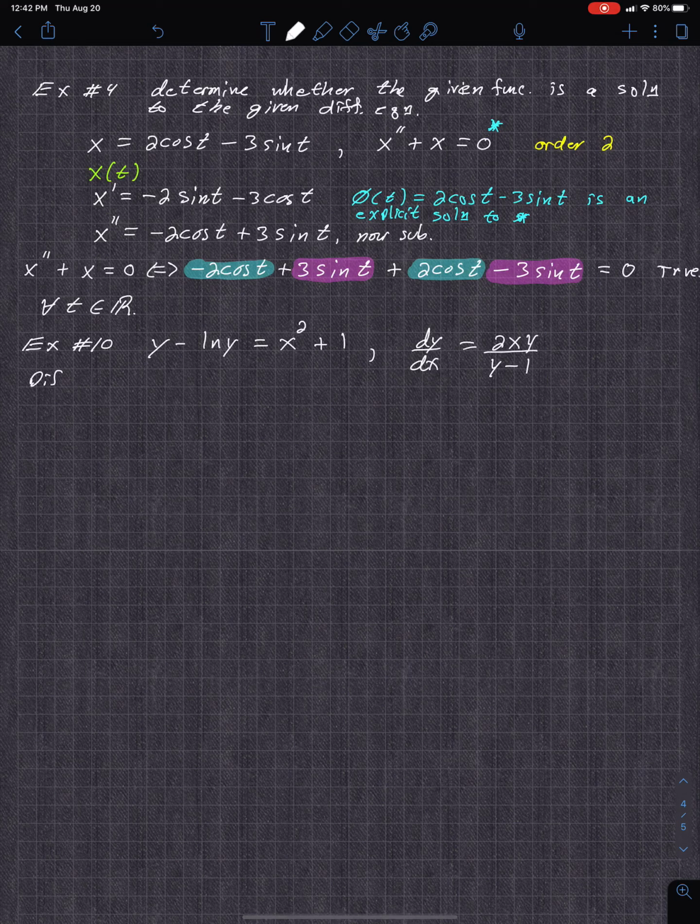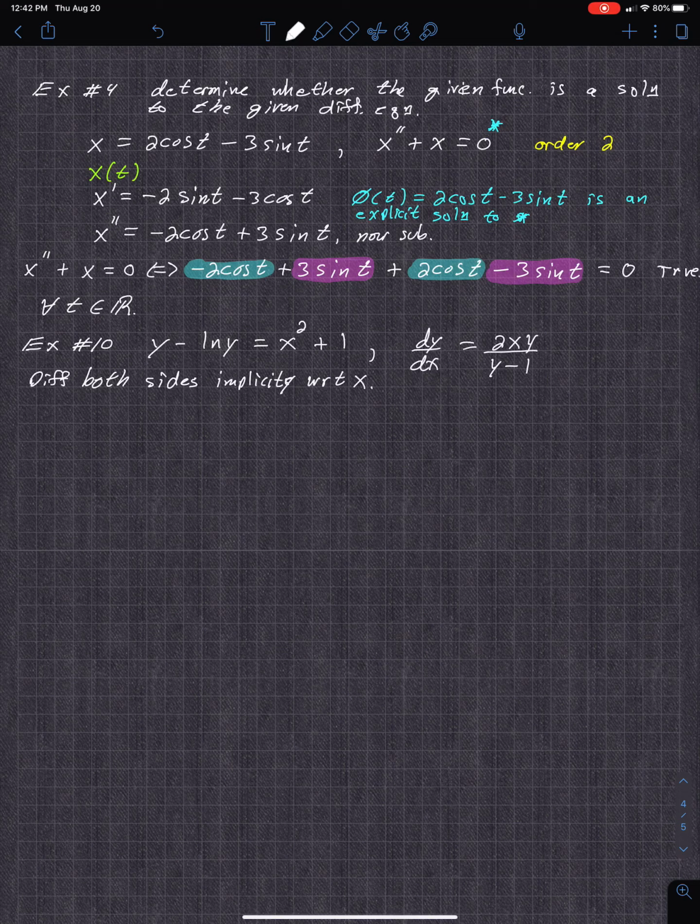We want to differentiate both sides implicitly with respect to x. Remember doing implicit differentiation? I believe in Calc 1 and 3, single variable and multiple variable, you do differentiation implicitly.